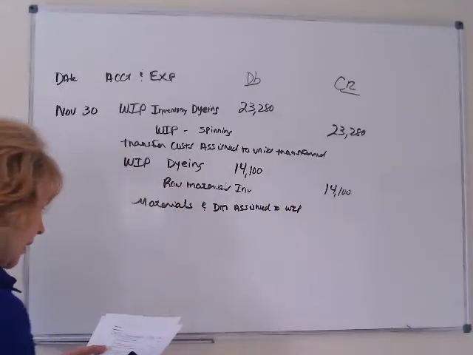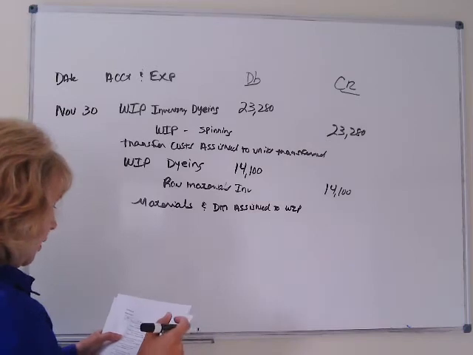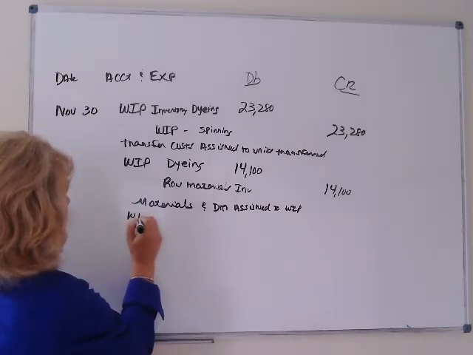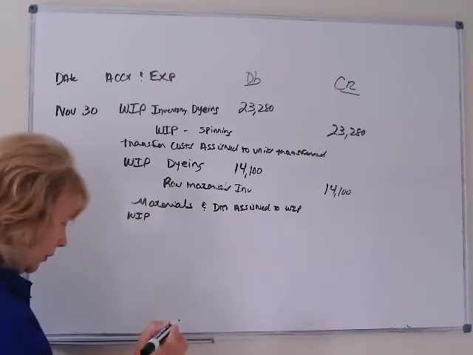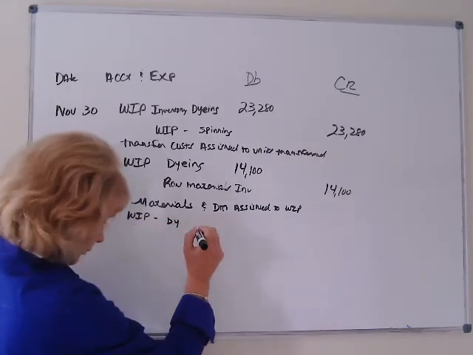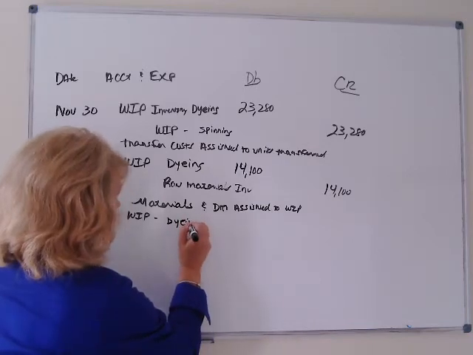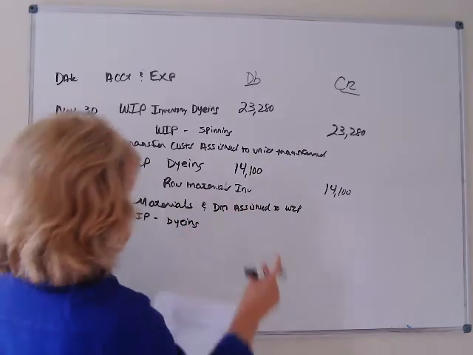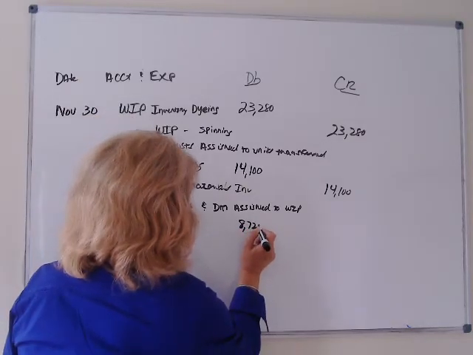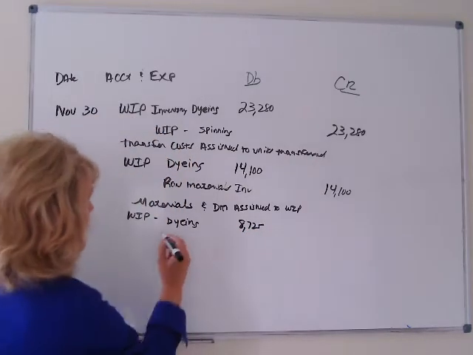Okay, next one is the wages. So we're going to do WIP. I'm going to try to write smaller. For dyeing, we're going to debit that, $8,725. We will credit wages payable.